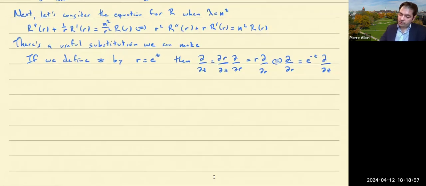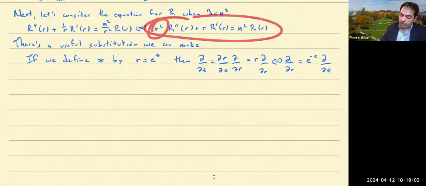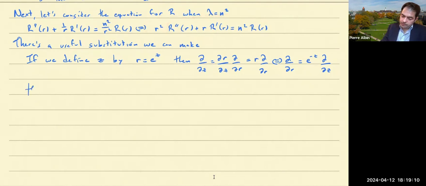So now if I make this change over here, this equation becomes, like this equation, I have r squared, that r squared is e to the minus 2z, and then I have two derivatives with respect to r.